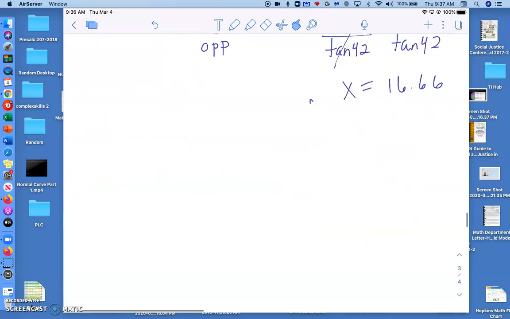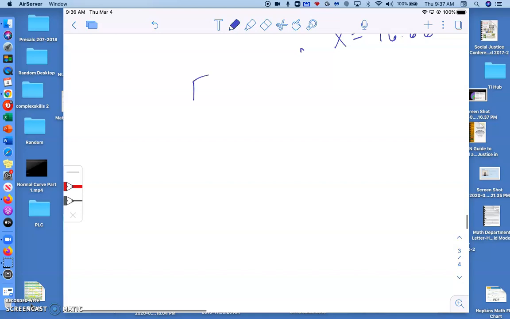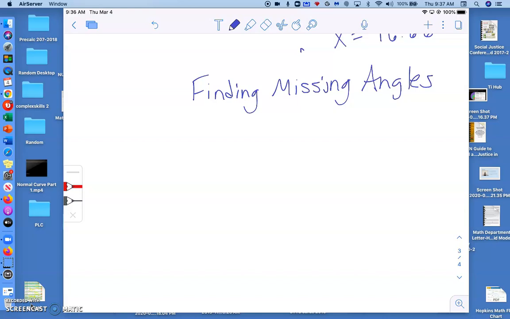Now we can also use trig functions for finding missing angles. We're going to use those same trig functions, but we're going to use the inverse trig functions, where we're given side lengths and it'll tell us the angles.